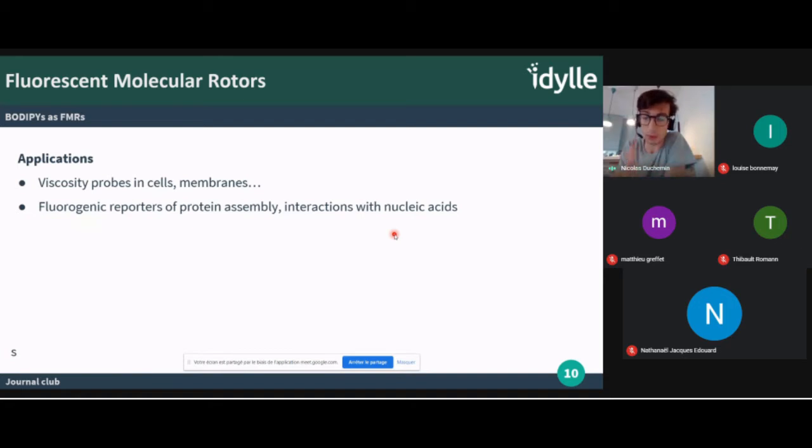And therefore, for fluorescent molecular rotors, you will actually block the rotation of the rotor from the stator. So you will basically just increase the fluorescence and you will be able to localize and characterize your interaction and localize your protein-compound interaction.